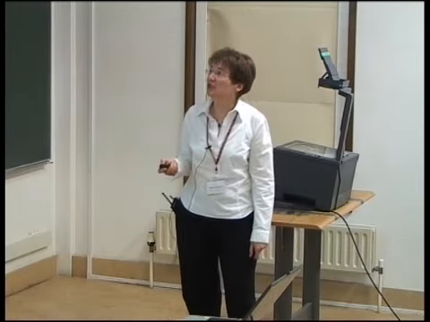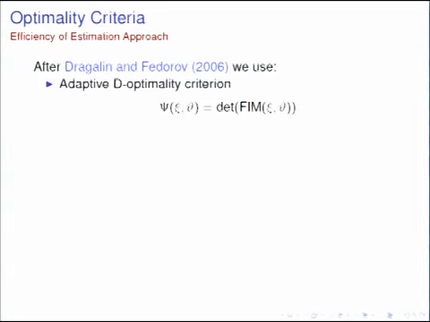The other approach, the efficiency of estimation approach, and here we worked based on the Dragalin and Fedorov paper. They used d-optimum design, adaptive d-optimum design, restricted d-optimum design, penalized adaptive d, and they found out for the model, which was a bit different than this, that the penalized adaptive d worked best among theirs.